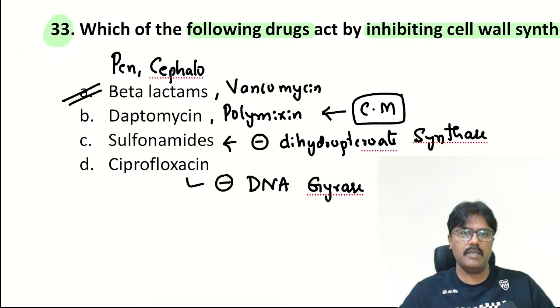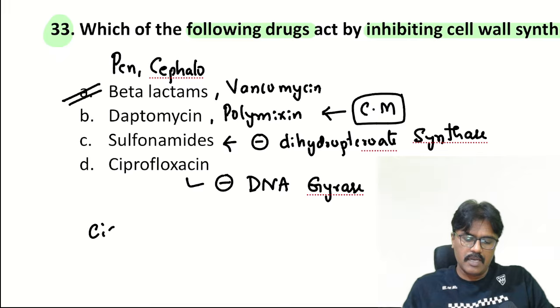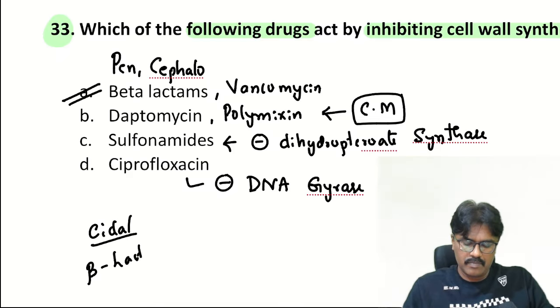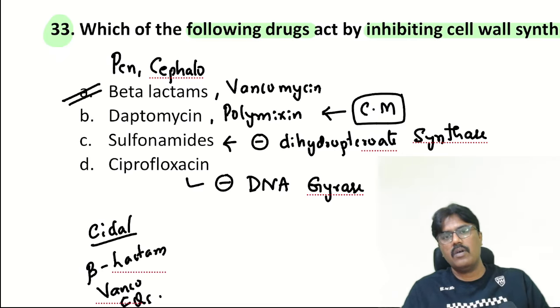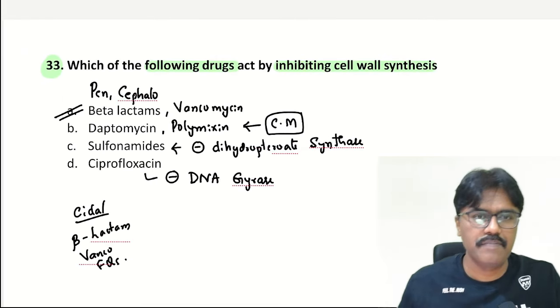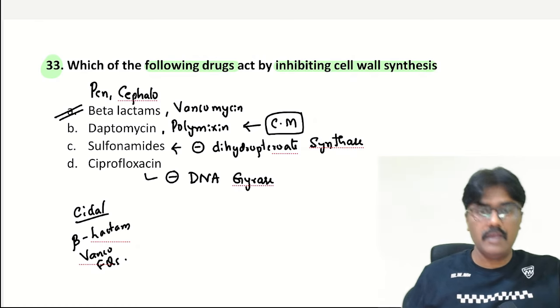So keep that in mind. Among these antibiotics, which are cidal, remember mainly the beta-lactams, then vancomycin and fluoroquinolones. These are cidal drugs. All others usually are static in nature. So the answer for this question is A, beta-lactams.